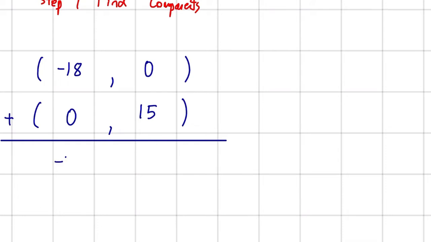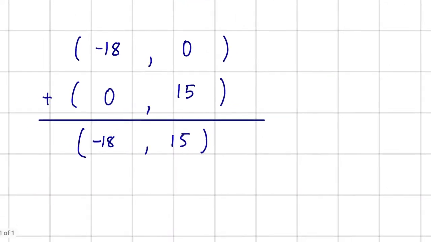So when we add these two up, we get a resultant vector. So this is our resultant vector. And because this is negative, this is the direction west. And because this is positive, the direction is north.